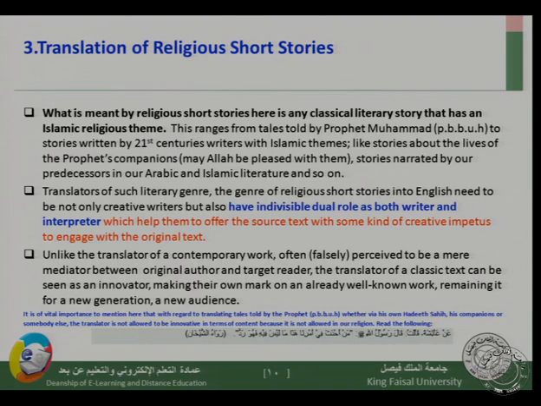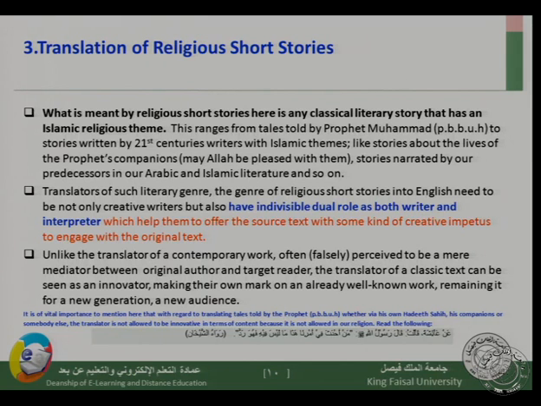Now, when you are translating religious short stories into English, you need to be very, very creative. You need to be imaginative, but also you need to have this indivisible dual role as both writer and interpreter.